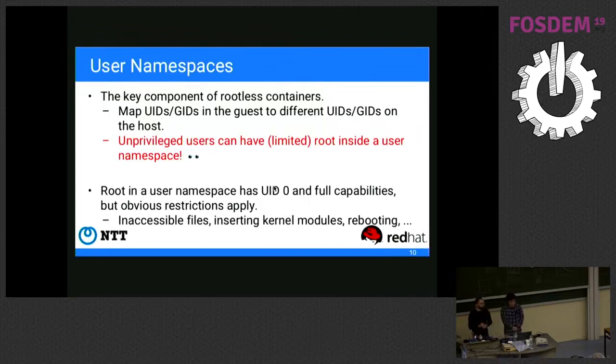An unprivileged user can create a user namespace, but it can only map itself inside of the new namespace. So this is not enough for us for running images that require multiple users.